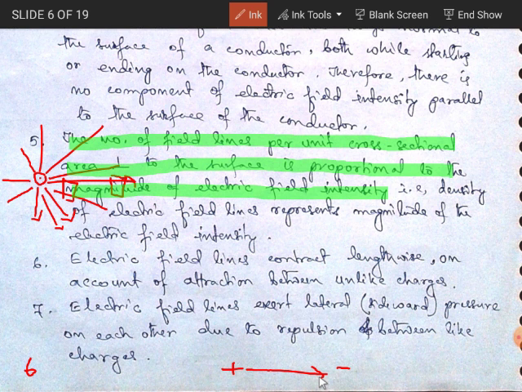So this will be the field direction. But if you start from somewhere else, then the field lines will be curved like this, right? Field lines will be curved in this manner. Clear? If they intersect, they should not be intersected, okay? But let's assume it in that way.